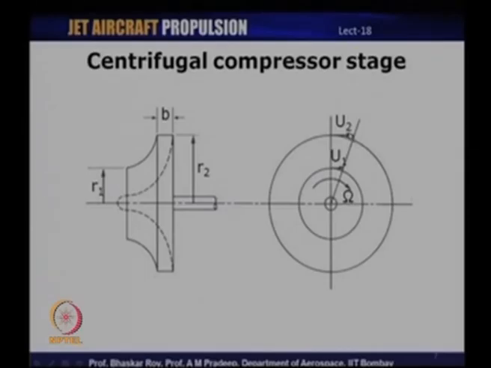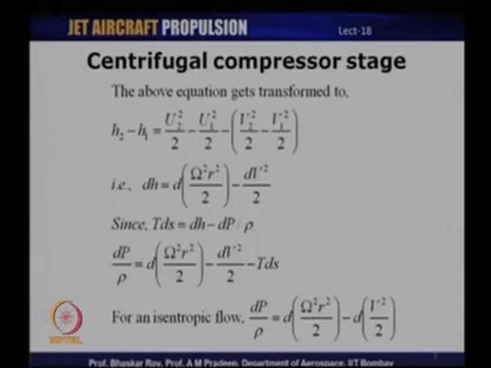Therefore, u2 and u1 are not the same. In an axial compressor, we were carrying out analysis at the same mean diameter, where the blade speeds at the inlet and exit of the rotor were the same. But in this case, we cannot assume that the blade speeds are the same, because obviously they are going to be different. So, if we have that in mind, then we can simplify the static enthalpy rise.